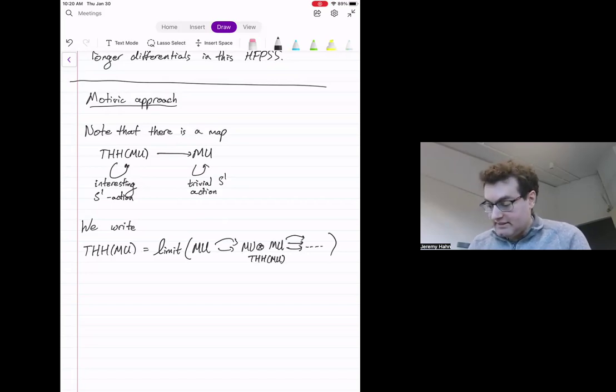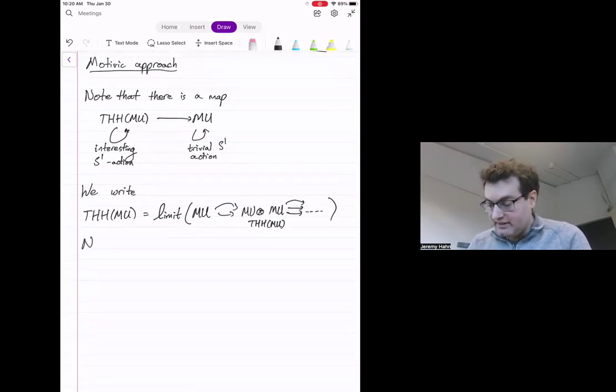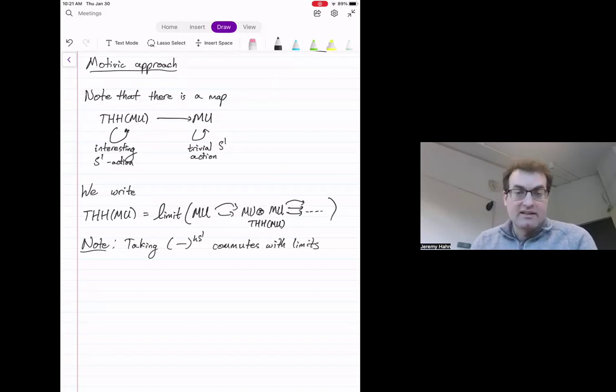But in this case, maybe an interesting thing to note is that taking HS1 commutes with limits, because homotopy fixed points is itself a limit. And so we can take the limit of this totalization for the circle action and get some kind of totalization that will compute the homotopy fixed points of THH of mu.